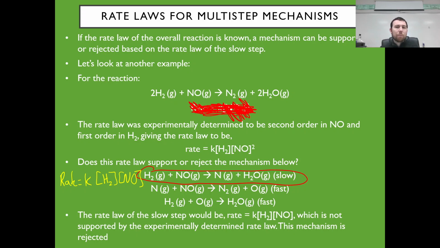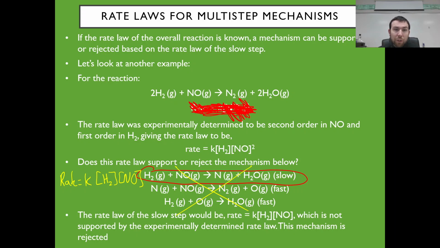This mechanism does not support the experimental rate law that we've been able to observe. We thought this could be a process, but it's not the process being used here. These are not the steps this reaction is taking to go from reactants to products. So in this particular case, this mechanism does not support our experimental rate law.